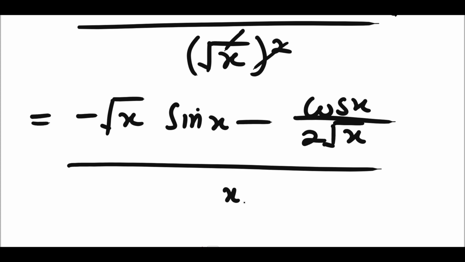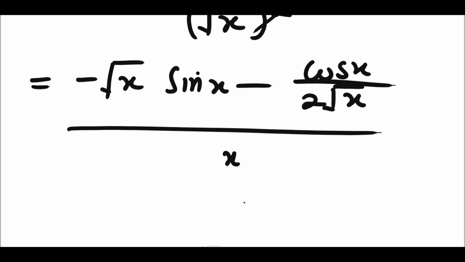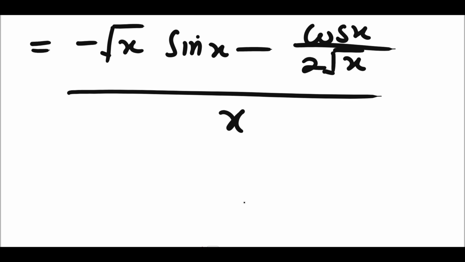Let's see if we can simplify. Okay, but you can equally leave your answer in this form. But let's see if we can simplify. So it means we are going to divide each of the terms in the numerator by x.